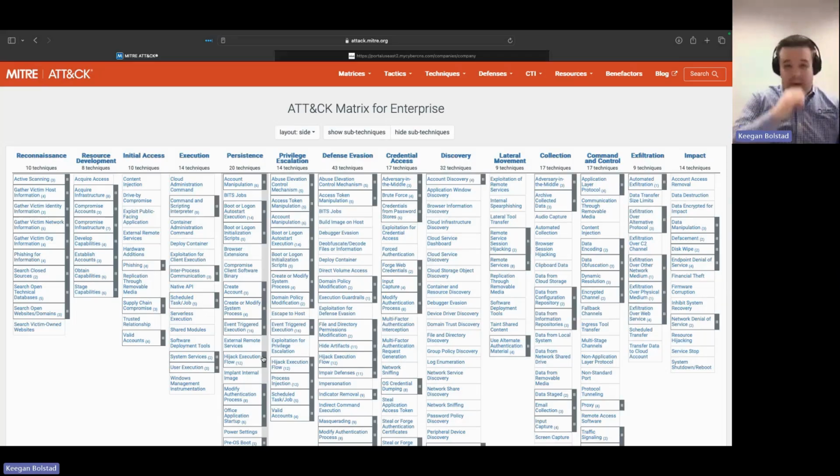So attack.mitre.org, excuse me. The slide deck will be provided with the recording that we send out. If you ever wanted to look at this in substantially more detail, by all means, but we could spend a whole webinar talking through steps and tactics that bad actors use.